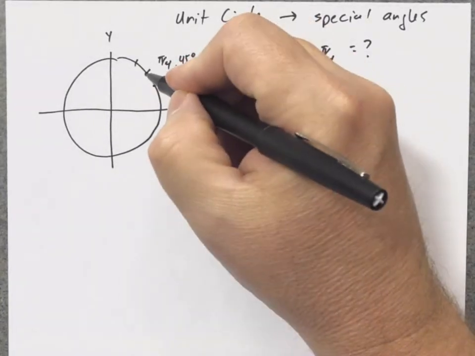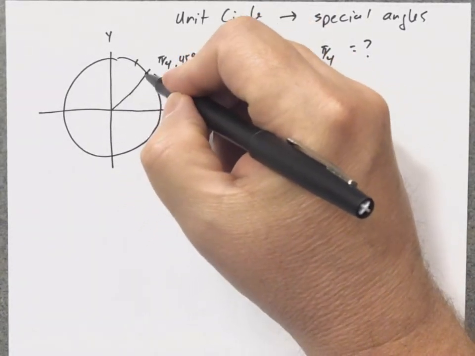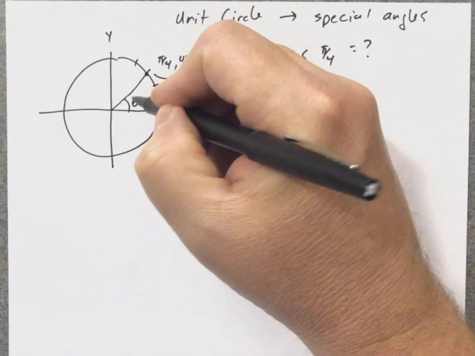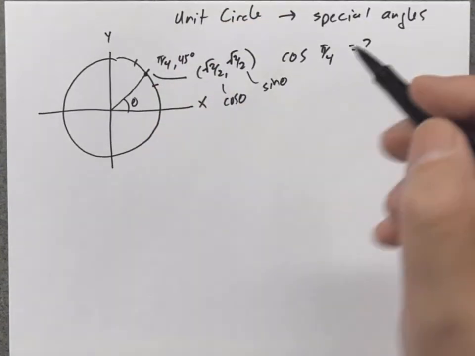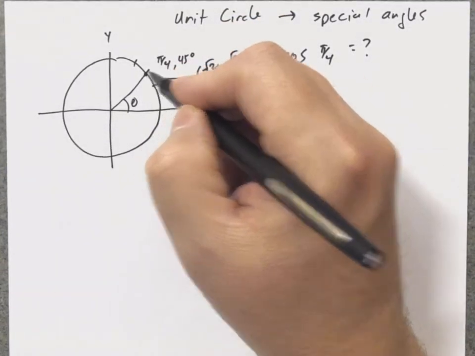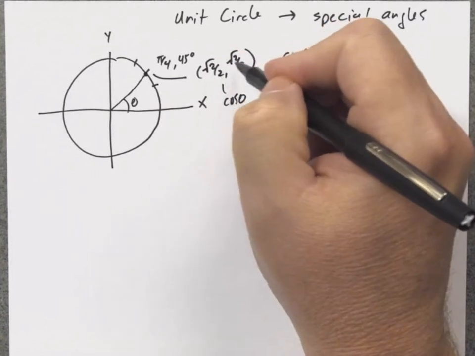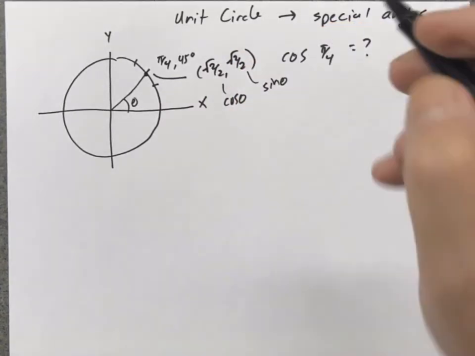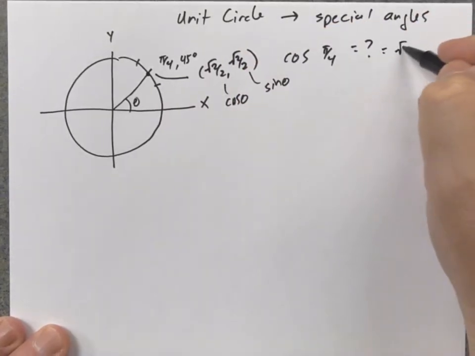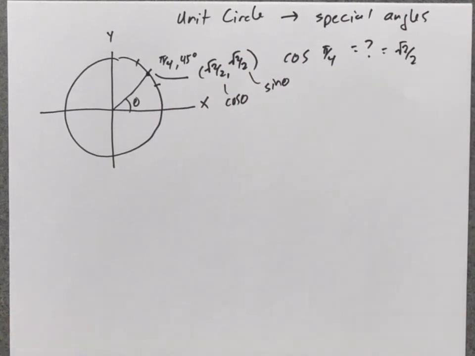So if this is my pi over 4 angle right here, and I'm asked for the cosine of it, I know this point right here, square root of 2 over 2, square root of 2 over 2, and the cosine's the x of it. I've memorized that x is square root of 2 over 2, so there's the cosine.